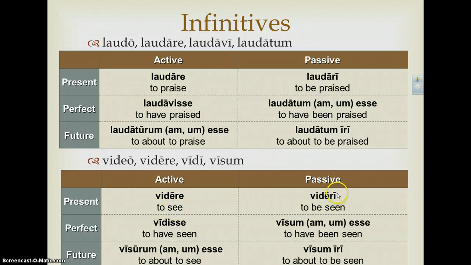Again, you replace that final E with a long I, videri, to be seen. Vidisse, to have seen. Visum esse, to have been seen. Visurum esse, to be about to see. And then visum iri, to be about to be seen.